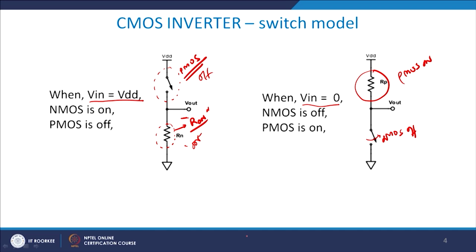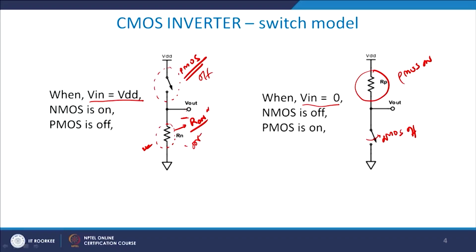If you go back to the previous slide and look very carefully, when your NMOS is switched on, this Vout will have a path and will be grounded here. So, the output voltage will be 0.